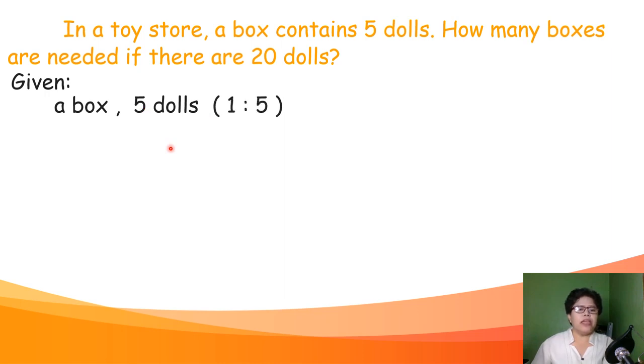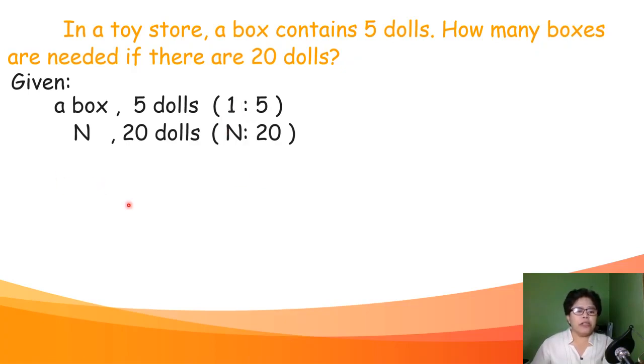Okay? And then, since ang hinanap dito are number of boxes, and since hindi pa natin alam, isosolve pa natin, this will be n, and then 20 dolls. So, yung pangalawa nating ratio would be n is to 20. Now, bakit dapat na-set up natin yung mga ratio?